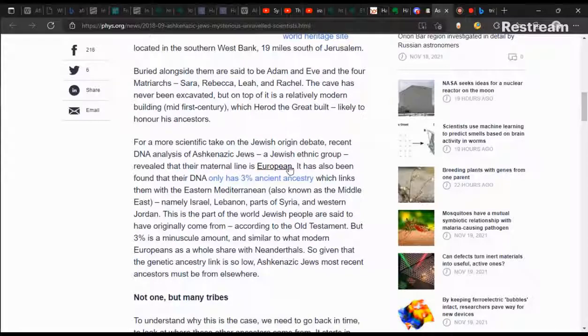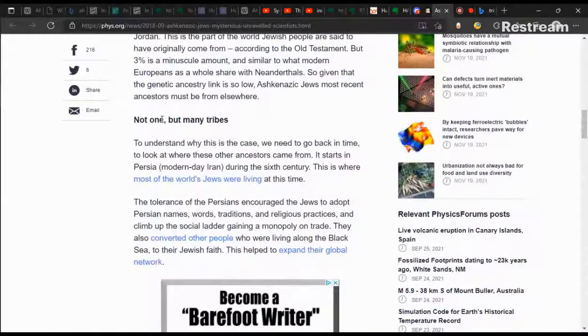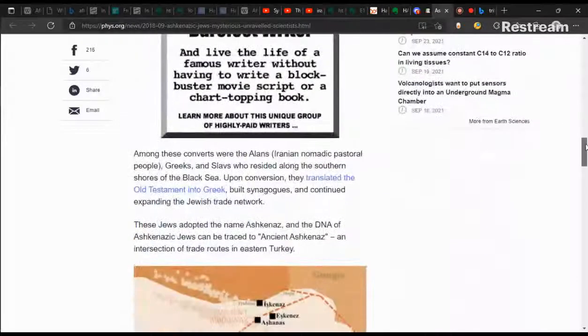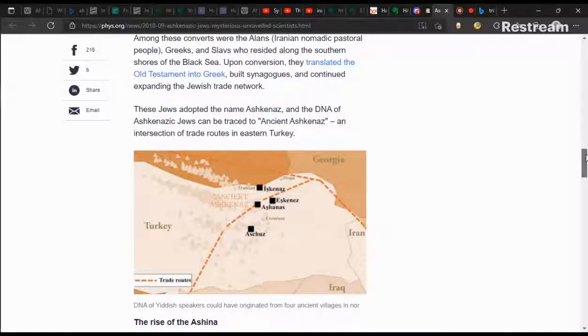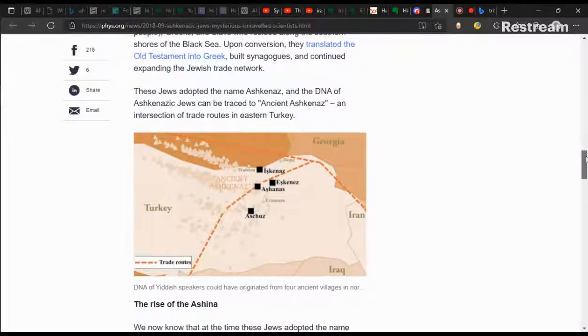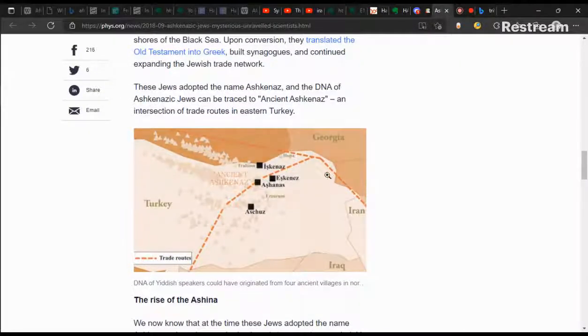So take note that their lineage doesn't point to them actually being from Israel, but they themselves are not one tribe, but many tribes, a mix of tribes, of groups. That's really what they are. They're actually a grouping of multiple peoples. And a lot of the lineages are under F. And they're found to be, as they say, Ashkenaz.